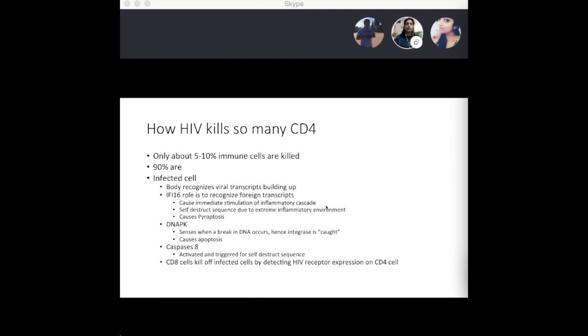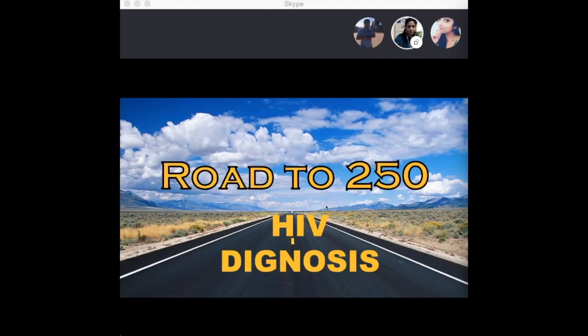So not only is it causing inflammation to the infected cell, but the other cells around it get affected as well and die off. And then there's also a loss of uninfected T cells.